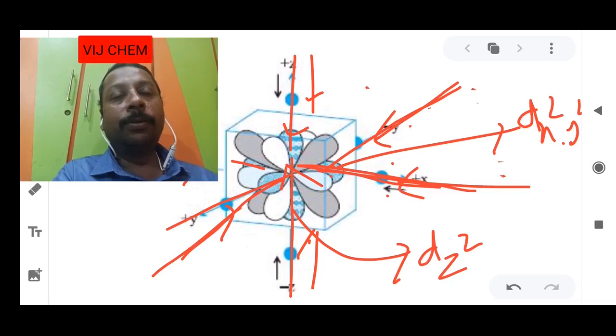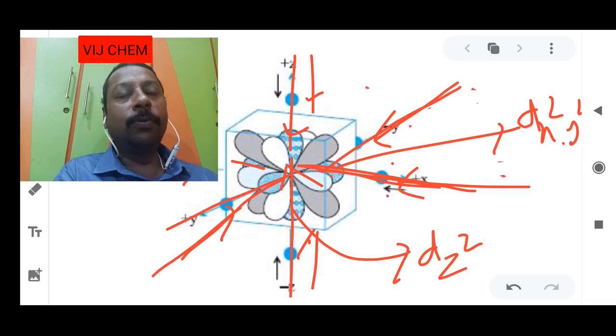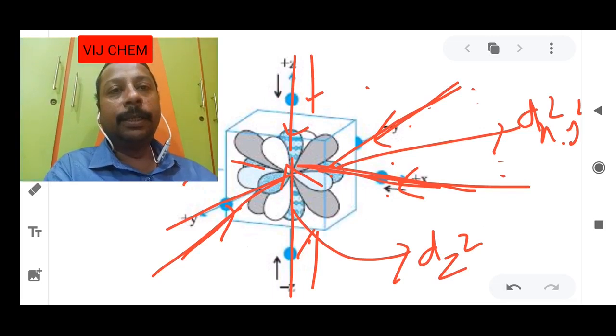No pressure, no shine, you will be going to the bottom. So when you are under pressure only you will shine. That is proved by dx square minus y square and dz square. So chemistry is in our life only. You should learn life from chemistry.